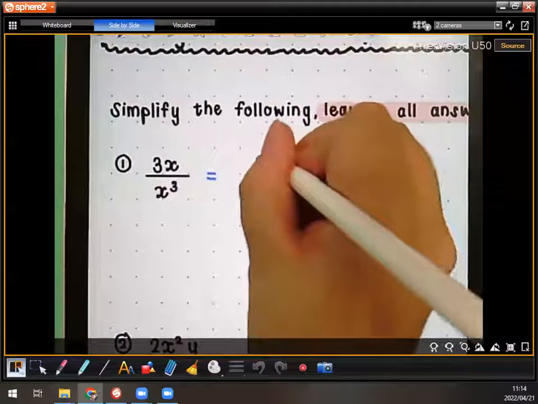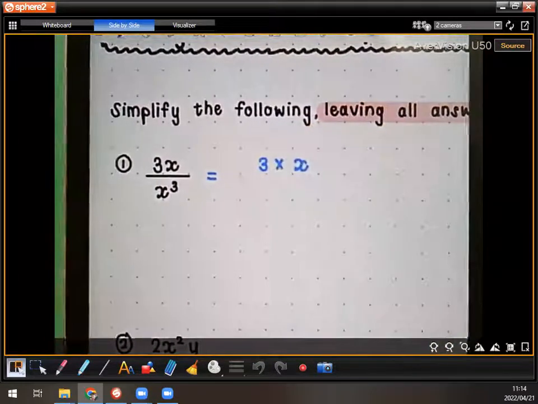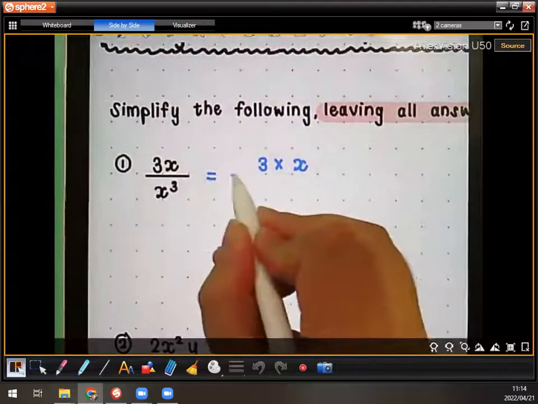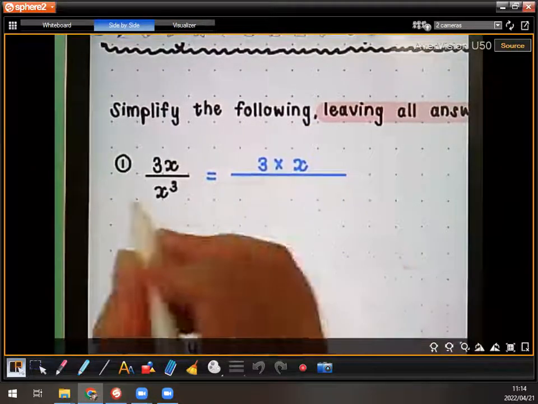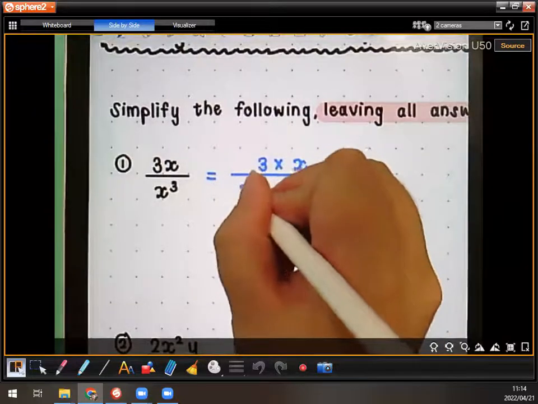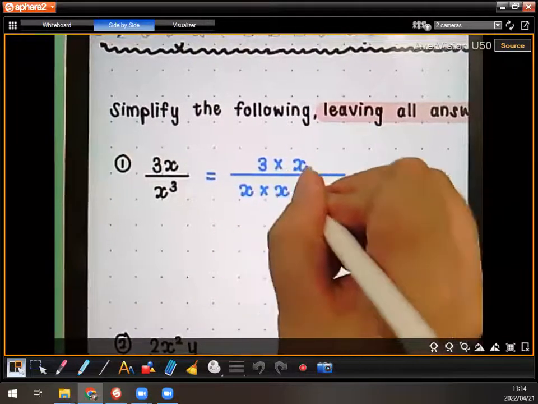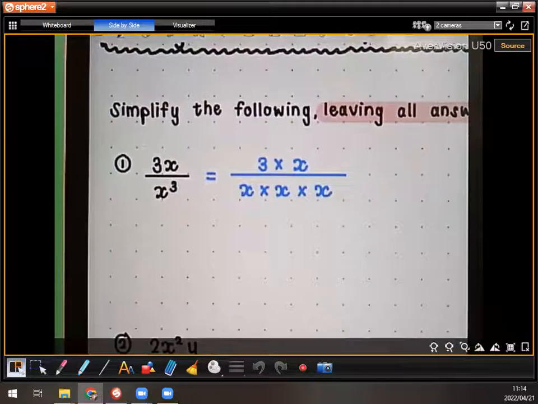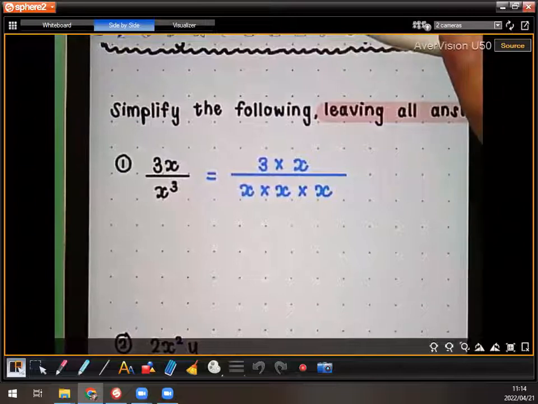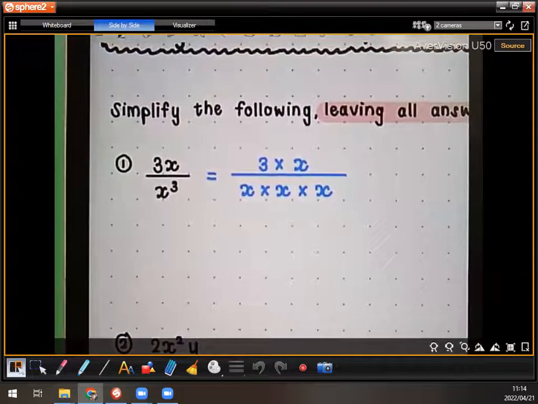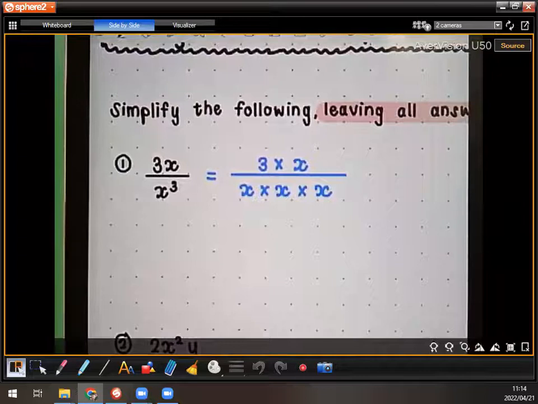3x is just 3 times x, right? And x cubed is x times x times x. Now, guys, if we're looking at it this way, is there something at the top and the bottom that I can cancel out? An x, right?